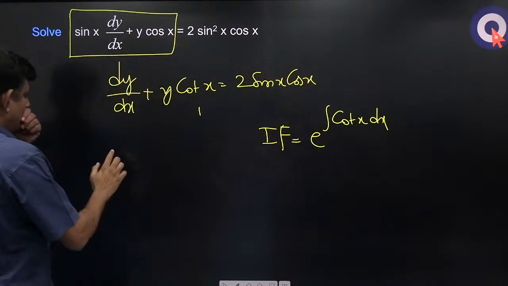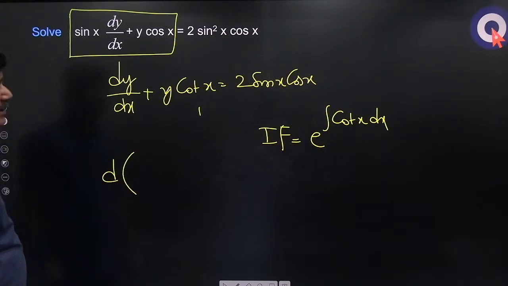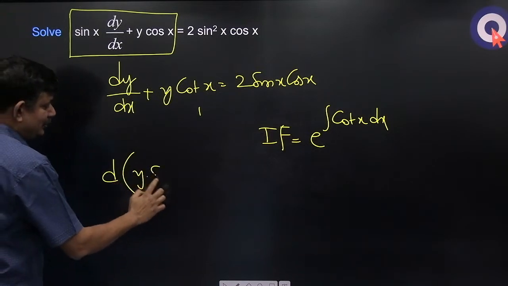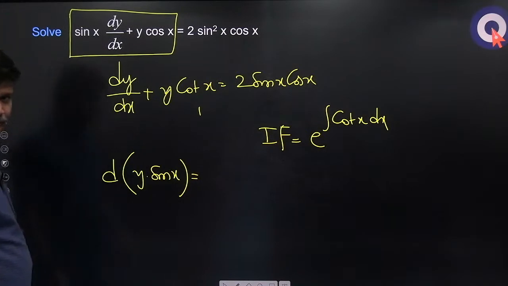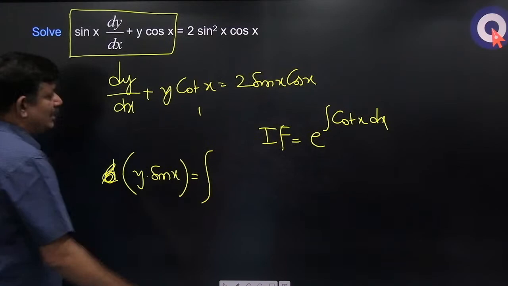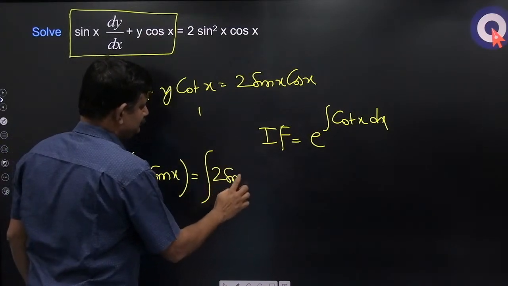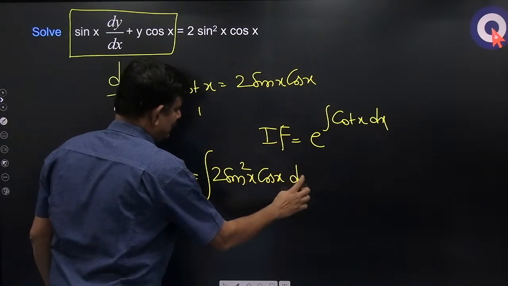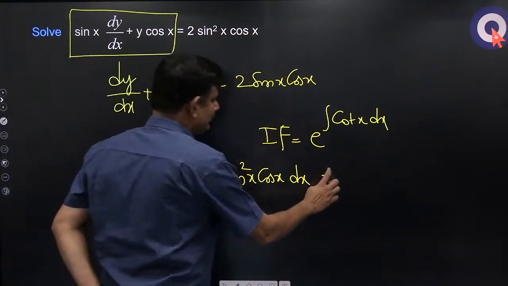So the left hand side you can directly see as the derivative of y into sin x. Okay. When we integrate, the integral is 2 sin square x cos x dx as it is, and there is nothing else to do.